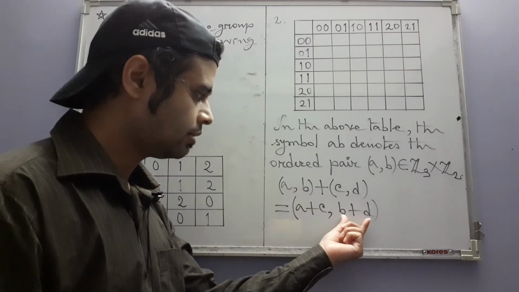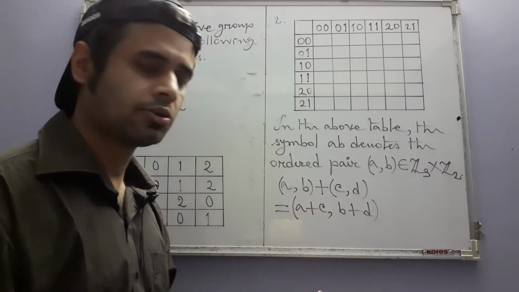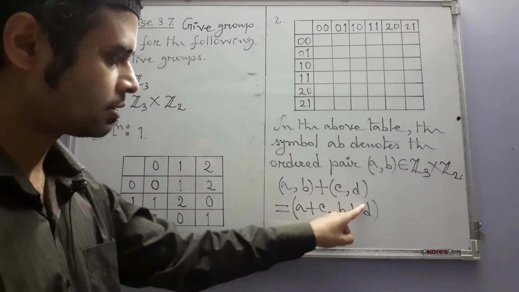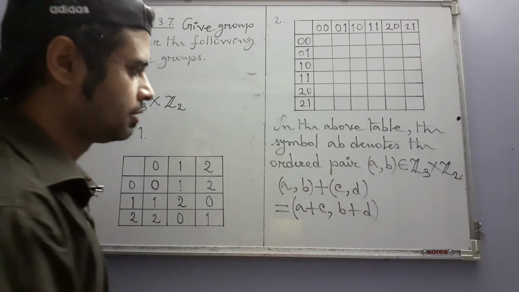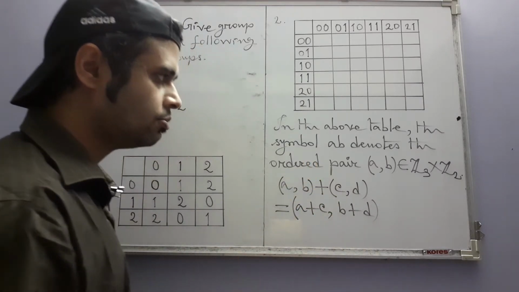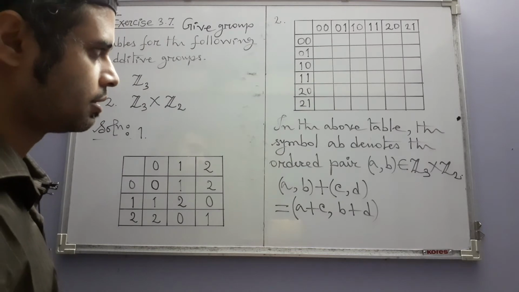Similarly, this one is addition modulo 2. So here whatever sum you have by adding these two things up, you have to then divide it by 2. The remainder is your answer.